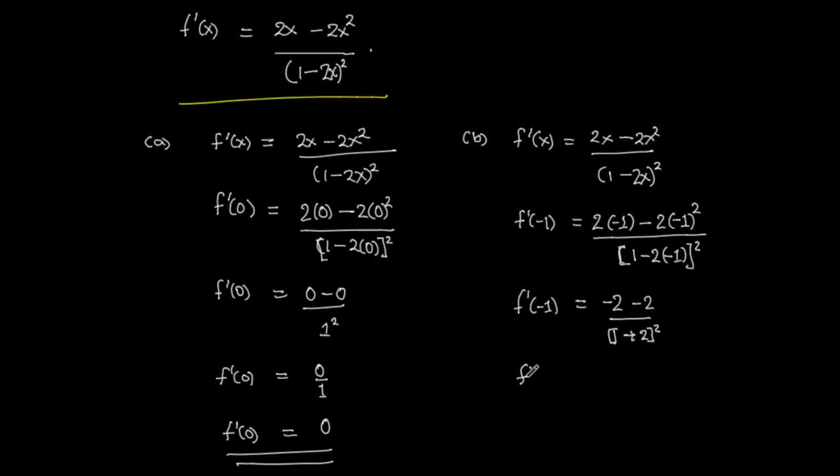So in the numerator, negative 2 and negative 2 simplifies to negative 4, and then 1 plus 2 is 3. I'm going to square 3, we get 9.